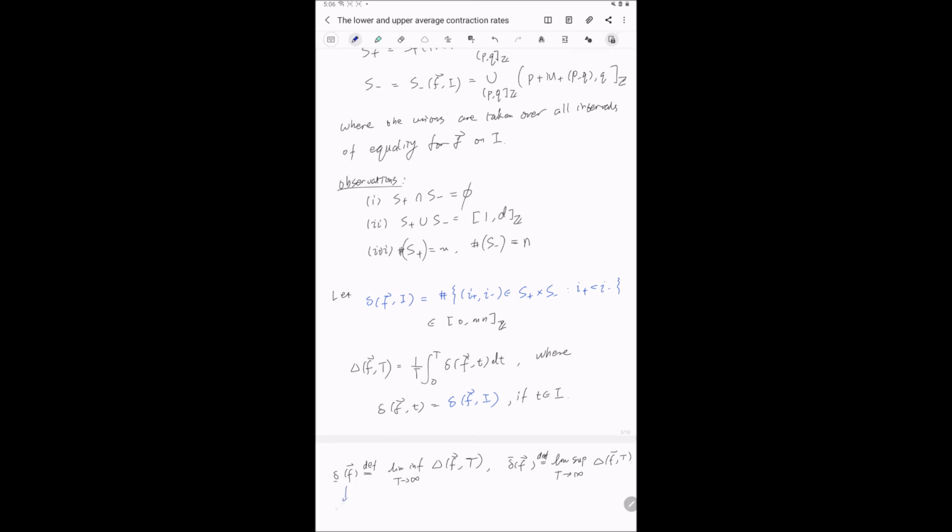So this is called the lower average contraction rate and this is the upper average contraction rate.